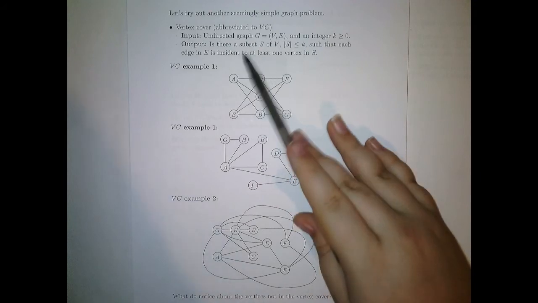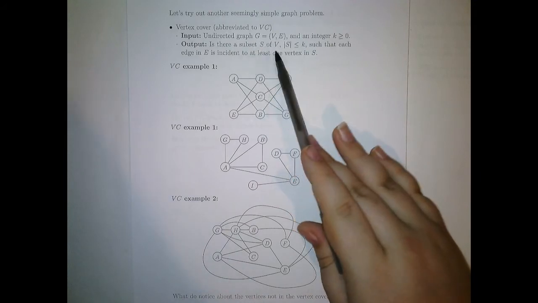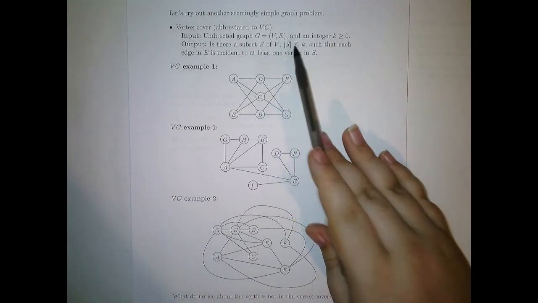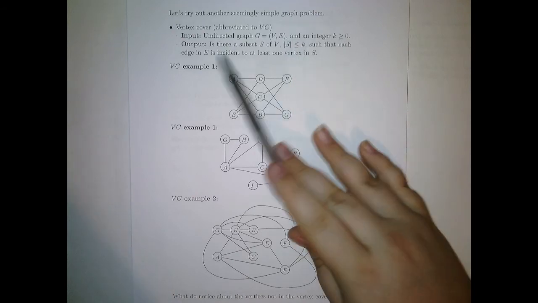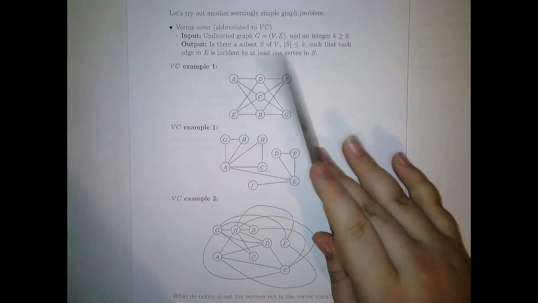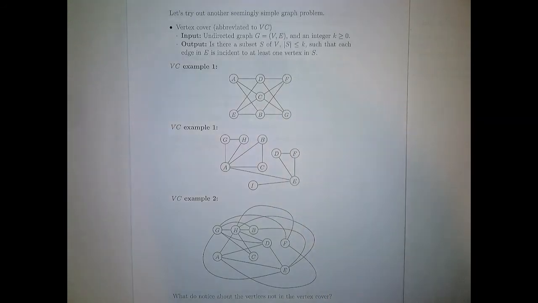We ask, is there a subset S of the vertices such that the size of S is less than or equal to k, such that every edge in the graph is incident to at least one vertex in S? Okay, so this is a bit of a mouthful. But the idea is we want a set of vertices which essentially touch every edge.